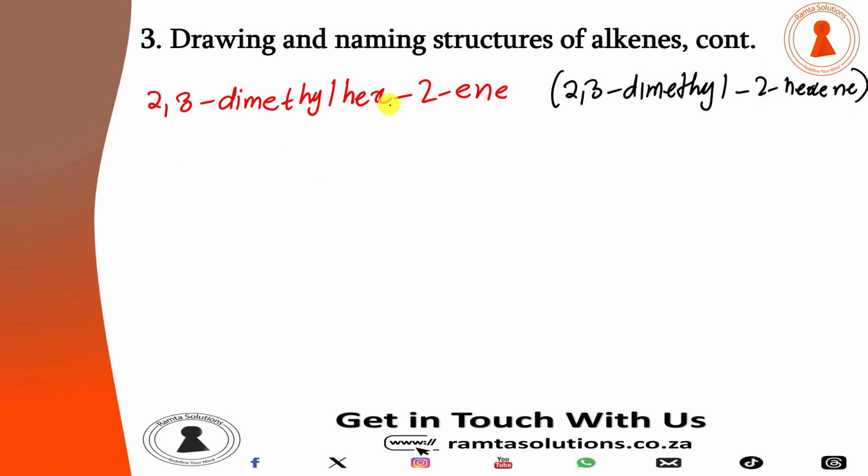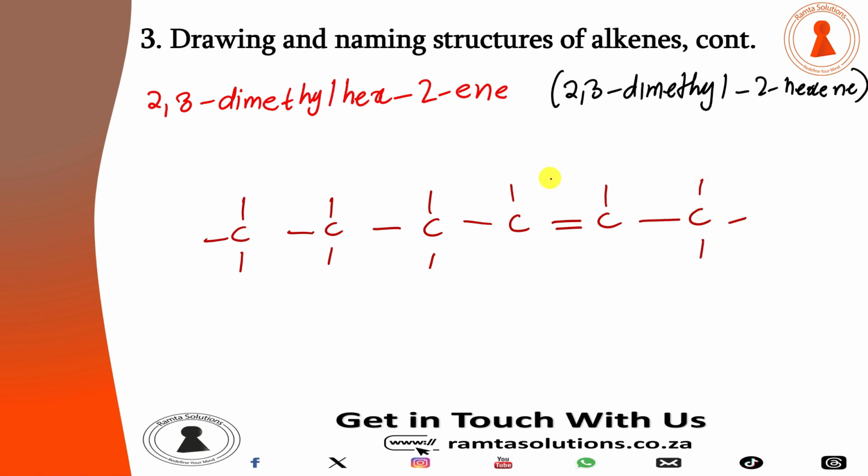The longest chain here is hex, which is 6 carbons. So 1, 2, 3, 4, 5, 6. Where is the double bond? In the second carbon. I can draw it here, but let me draw it so that I start naming from the left. And where are the substituents?